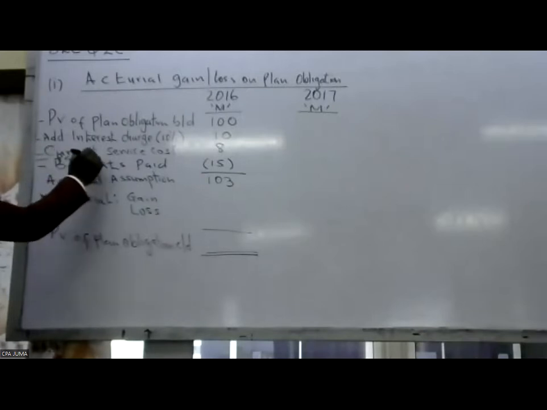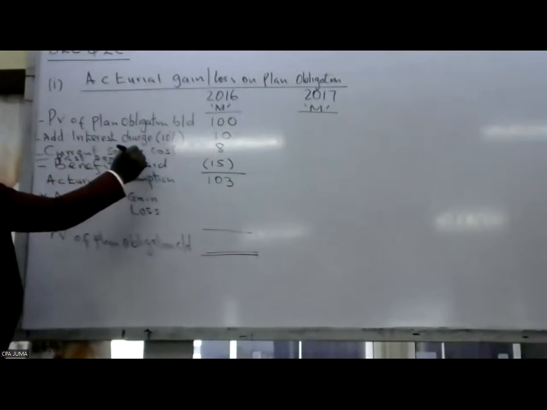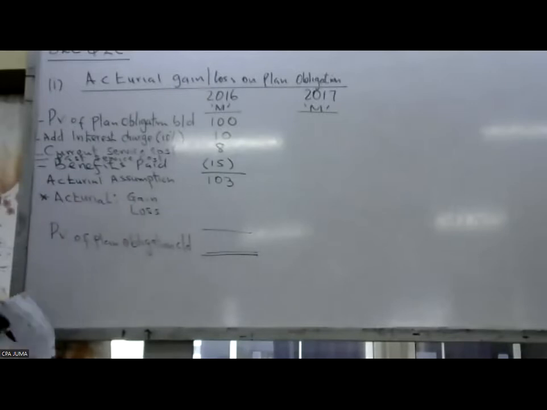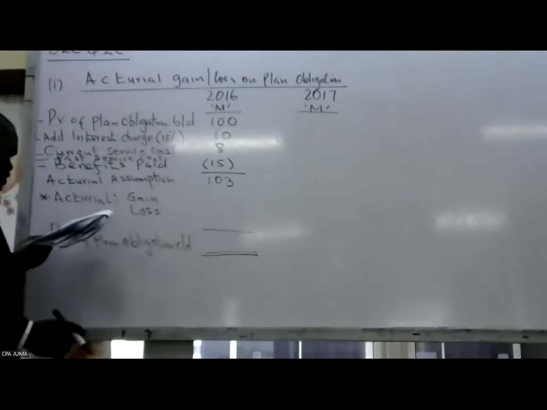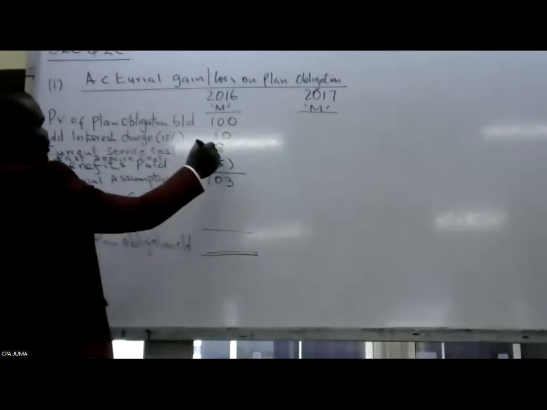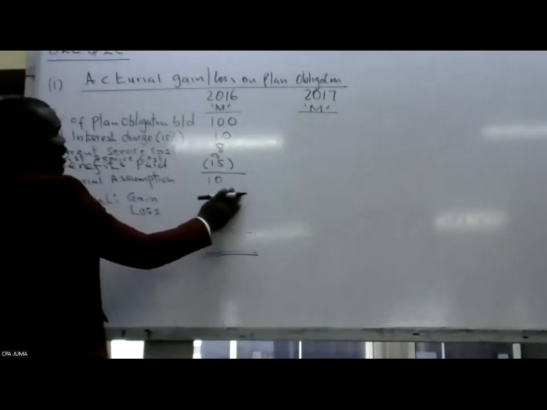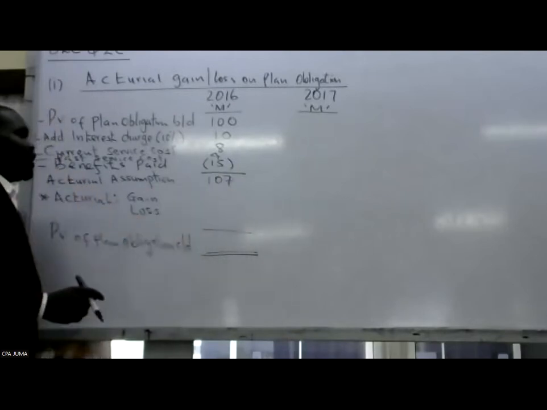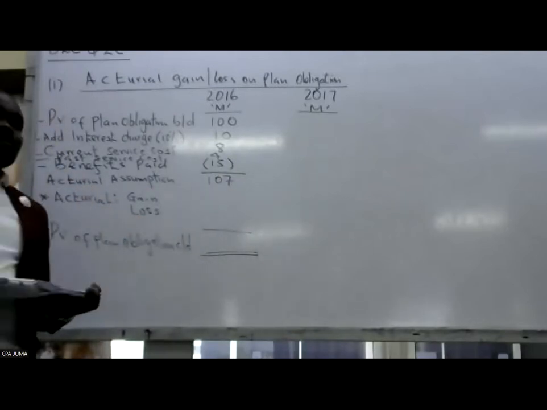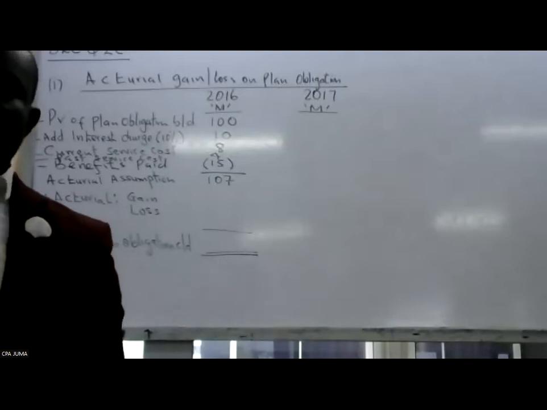Past service costs, you charge in the current year. You don't backdate the books. So past service cost was how much? 4. Just top up. So instead of 103, we talk of 107.